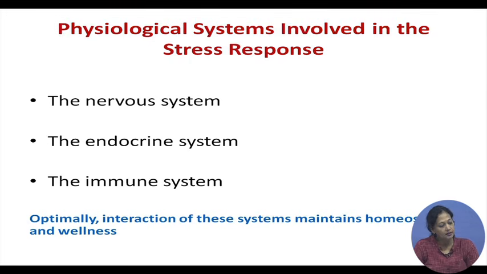But when there is a problem with any of these systems, then it causes an eruption of overstressful responses, and it may also affect the different systems of the body. Like one may develop some endocrinal problems like dysregulation of the thyroid hormone, or one may develop several immunological problems due to stress.